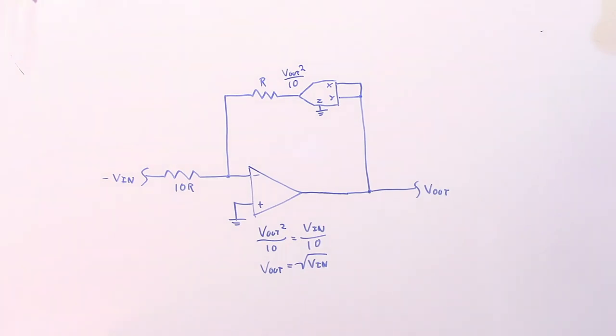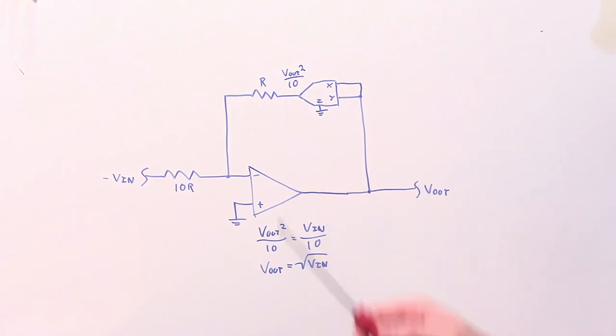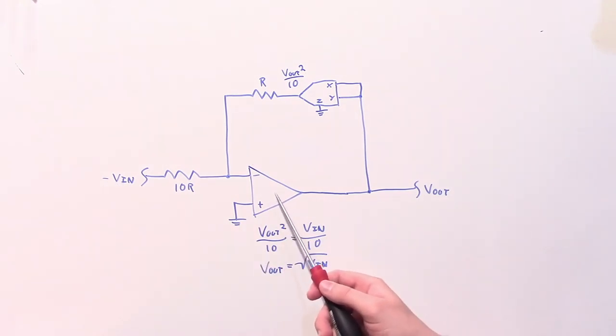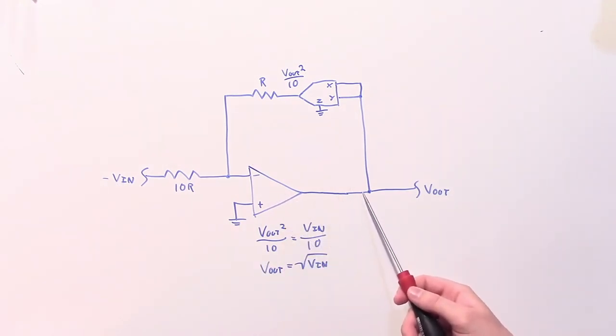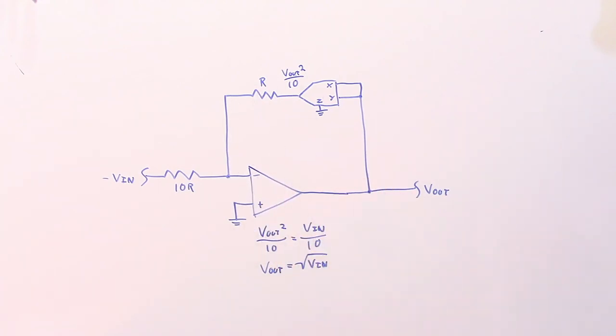Now there are a couple of restrictions to this, obviously. First of all, the input voltage has to be negative since this is an inverted configuration. Obviously I kind of ignored the signs here when I was talking about the gain of the amplifier is 1 over 10. It's actually negative 1 over 10. So if you have a positive input voltage here, this would try and output a negative voltage, but a negative voltage squared is going to be a positive voltage, so that's not going to work.